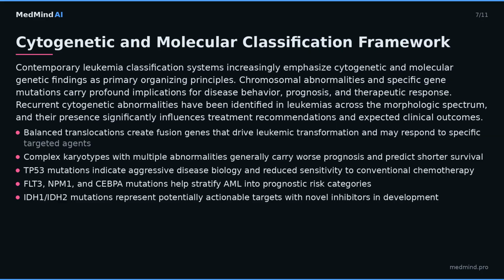Cytogenetic and molecular classification framework. Contemporary leukemia classification systems increasingly emphasize cytogenetic and molecular genetic findings as primary organizing principles. Chromosomal abnormalities and specific gene mutations carry profound implications for disease behavior, prognosis, and therapeutic response.